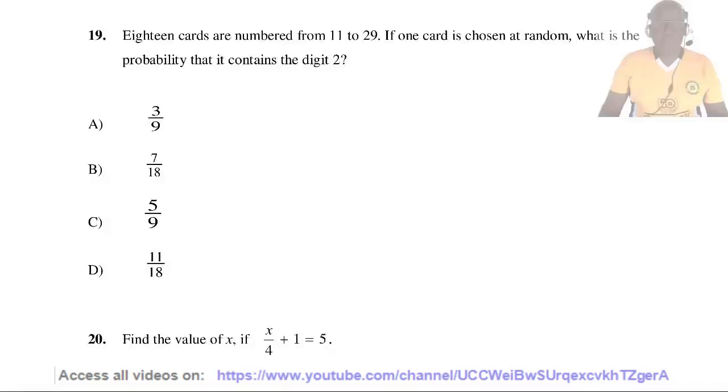Question 19. 18 cards are numbered from 11 to 29. If one card is chosen at random, what is the probability that it contains the digit 2?